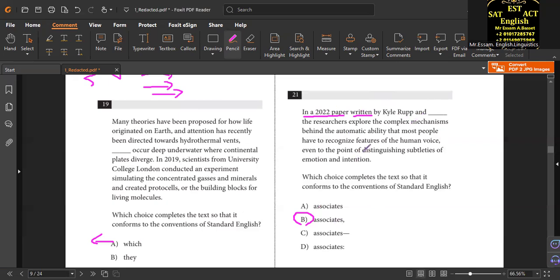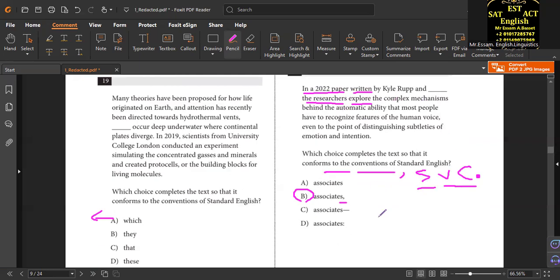Then he puts a comma and starts the sentence. So the writer wants to start the sentence with a phrase, comma, and then start the sentence. So we need a comma after introductory phrases. But wait, the researchers explore a sentence or not. Yes, the complex mechanisms behind, and then complete the sentence.